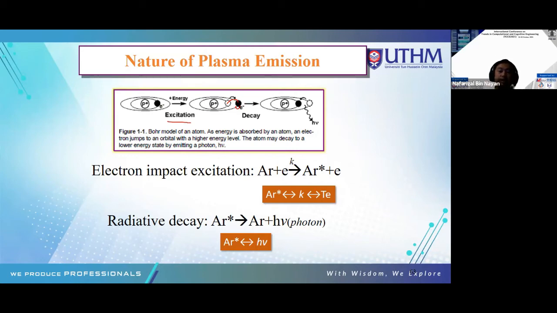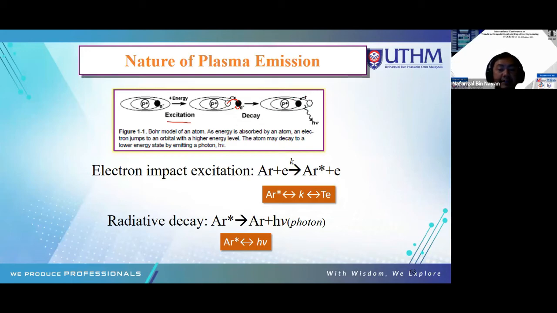Of course, you cannot stay over there for a long time because it does not belong to you, so you become very unhappy and unstable, and you want to go back to your home. That is what is happening to the electron. After it jumps to a different orbit, it will not be stable there. It will try to jump back to its original home, its original orbit.